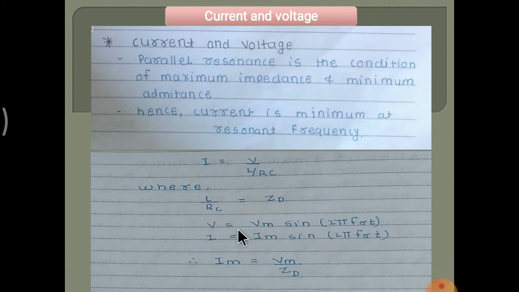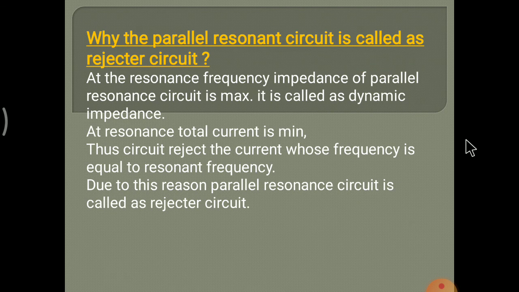So V is equal to Vm sin omega t, where omega is 2 pi f t, and I is equal to Im sin omega t. So maximum current Im is equal to Vm upon ZD. That is the current and voltage in a parallel resonance circuit.